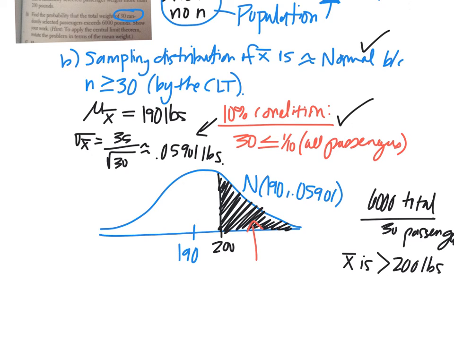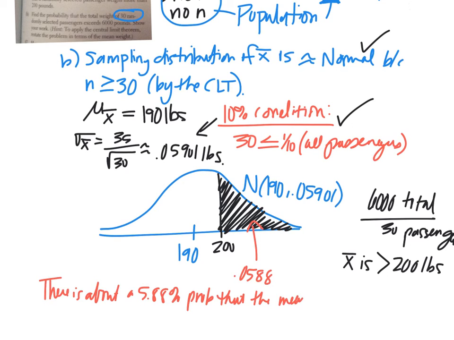You're going to get 0.0588, and I will answer in a complete sentence. There is about a 5.88% probability that the mean weight exceeds 200 pounds.